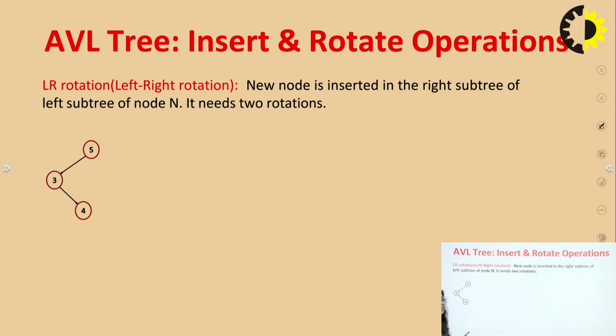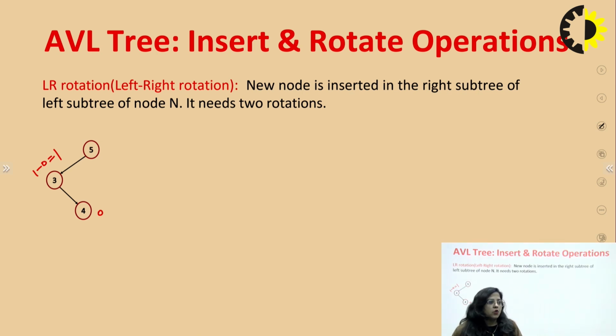Check again the balance factor here. It is a leaf node, so its balance factor is 0. Now check height of right subtree here, 1 minus 0 equals 1, so there is no need for any rotation here. Then the next node is 5, and check the balance factor of 5.